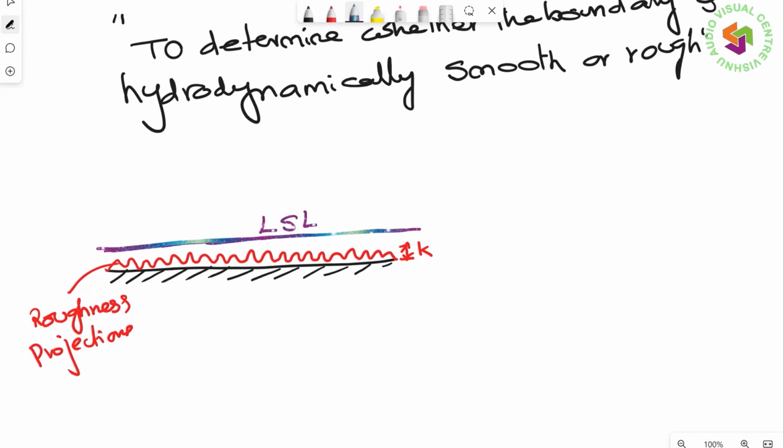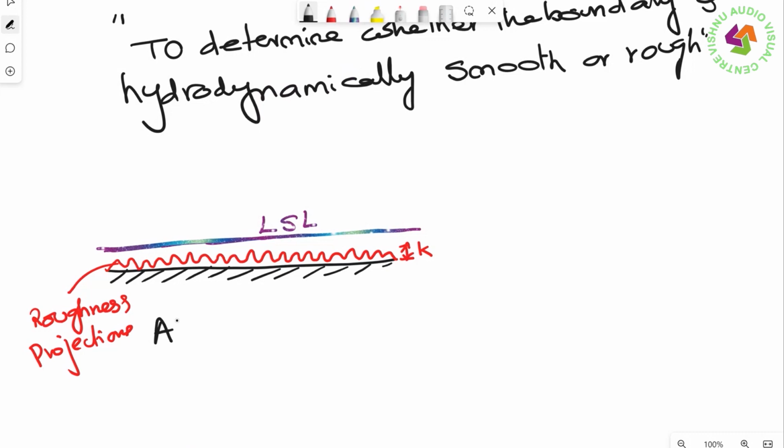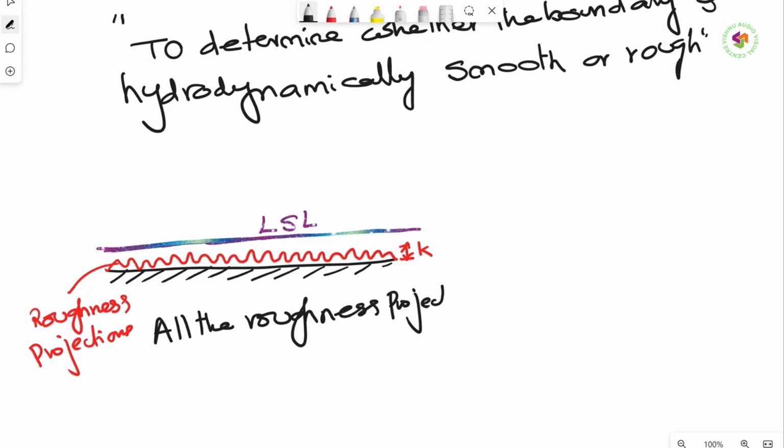Now if you observe, all the roughness projections are below the laminar sublayer, well within the laminar sublayer.